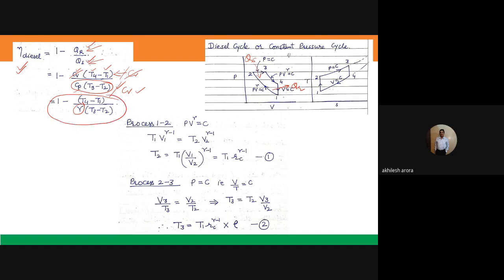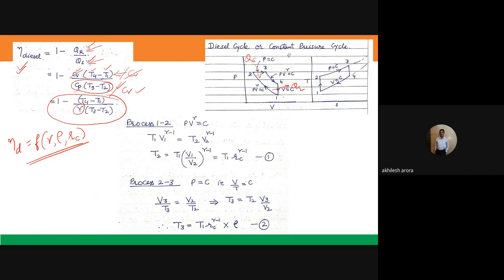Now once again, I have expressed the value of the diesel engine efficiency in terms of temperatures and gamma. But I would like to represent the efficiency of the diesel cycle as a function of gamma, rho and compression ratio.